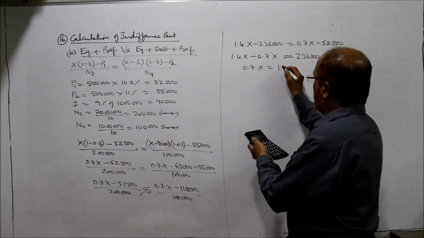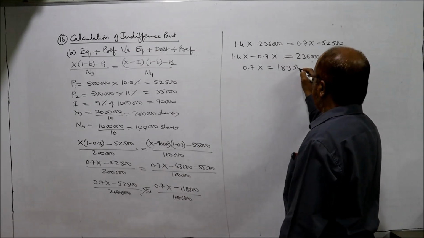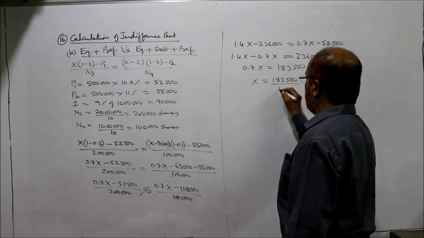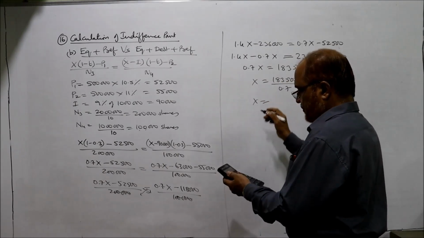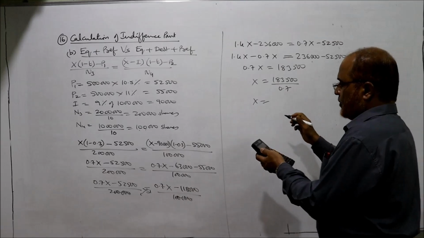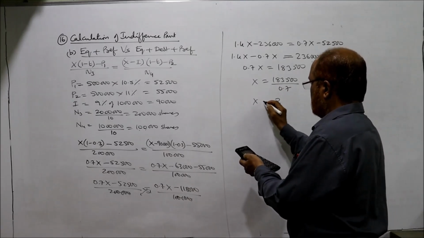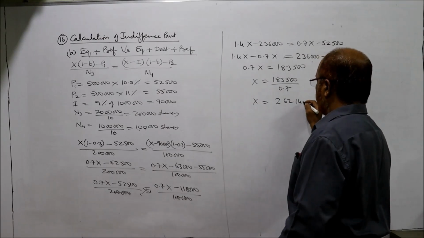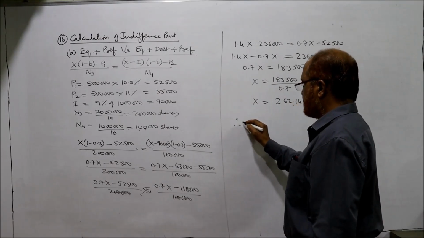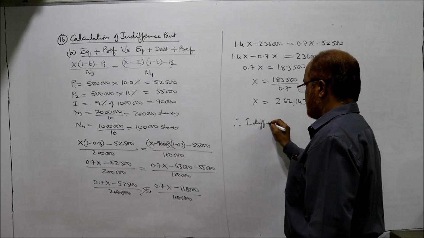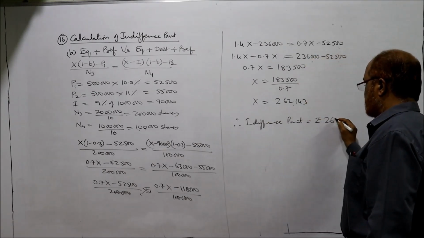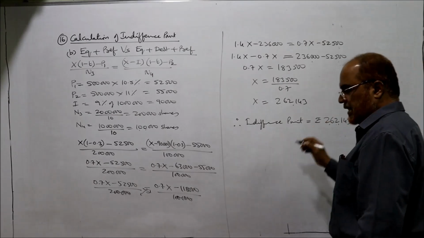You will get 1,83,500. X is equal to 1,83,500 divided by 0.7, 2,62,143. Indifference point is rupees 2,62,143. That's it.